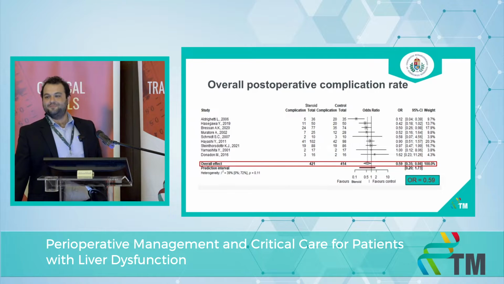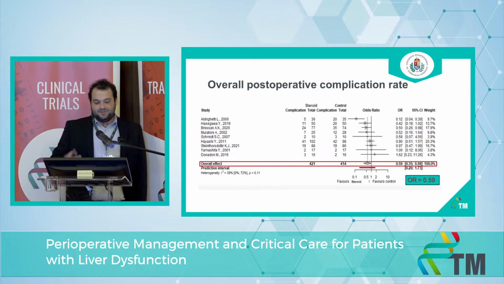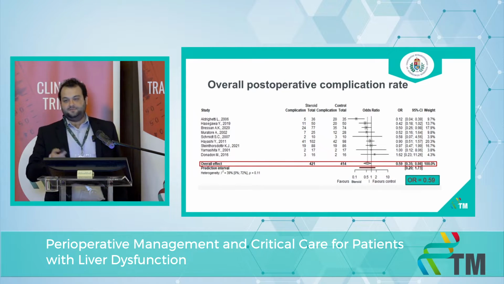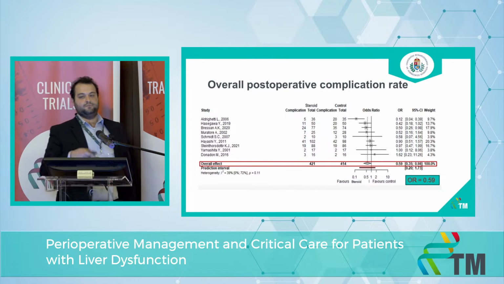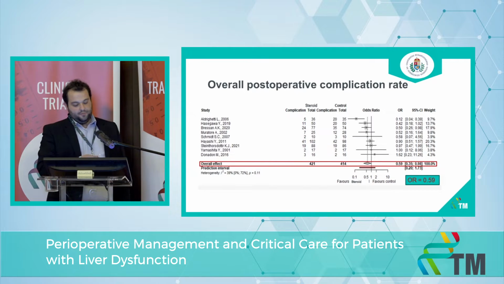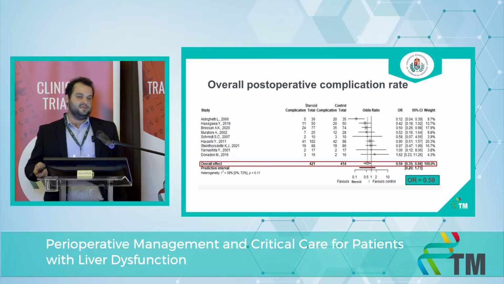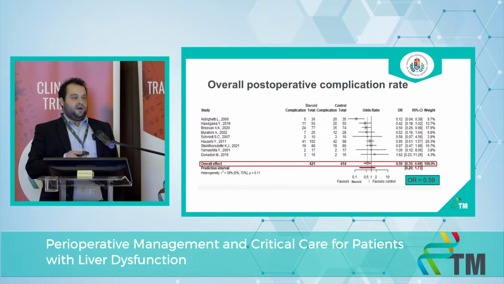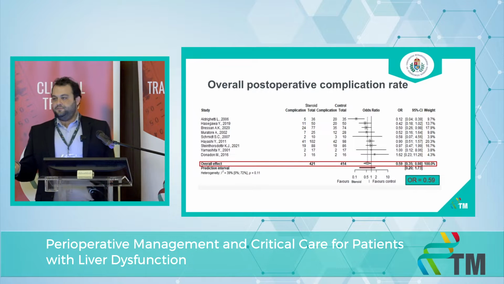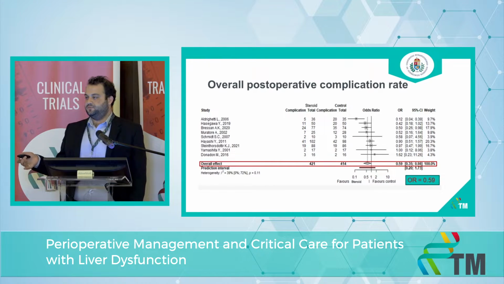So let's focus on my primary outcome. Here, as you can see, we have 9 out of 11 articles reporting this outcome, with a 39% heterogeneity, which for randomized trials is expected. We are talking about a 20-year time period with studies from 6 different countries.